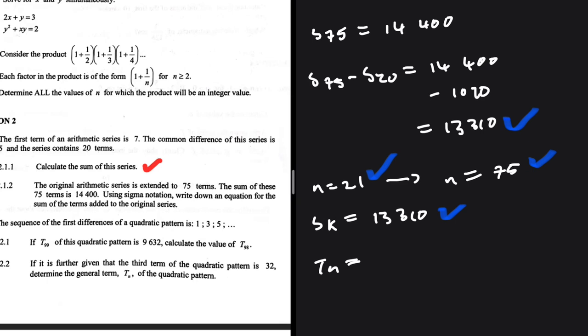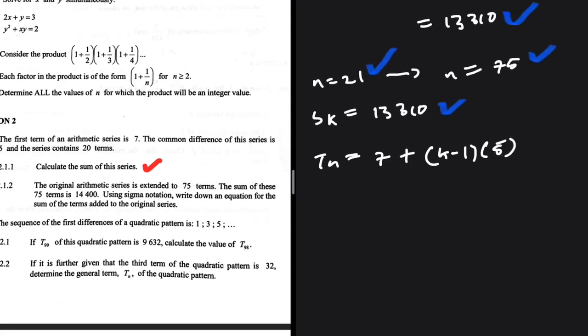If we use the Tn for the original arithmetic sequence, a we know is 7, and then plus, depending on what we're going to use, let's say K minus 1 multiplied by the common difference, which is 5.